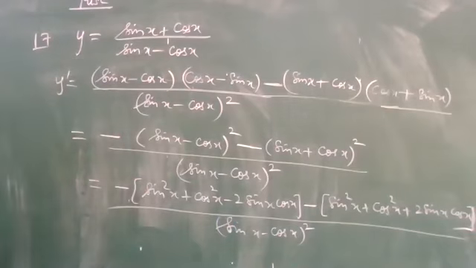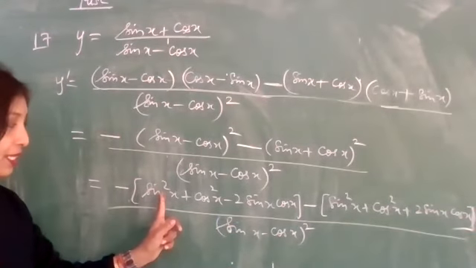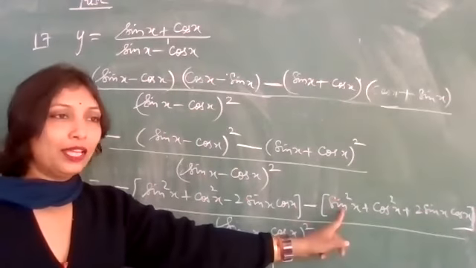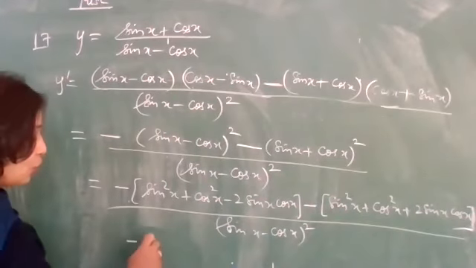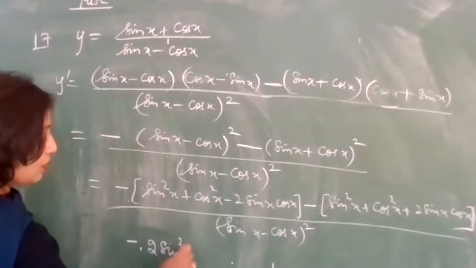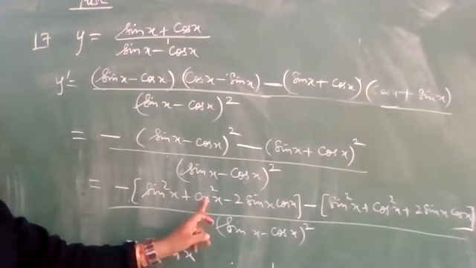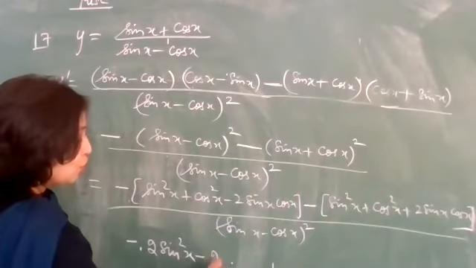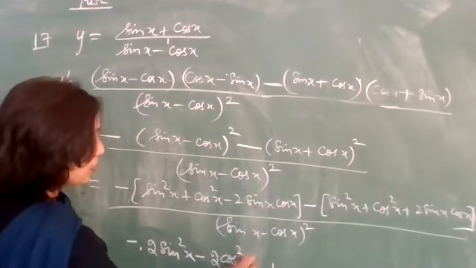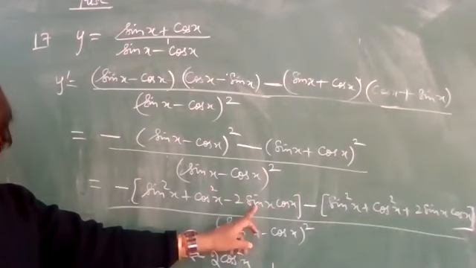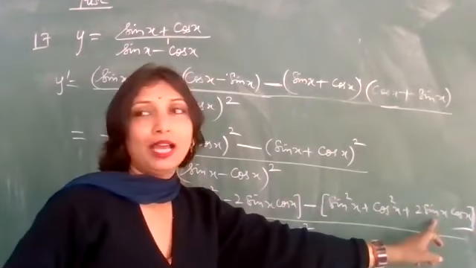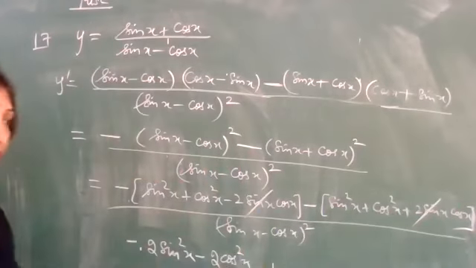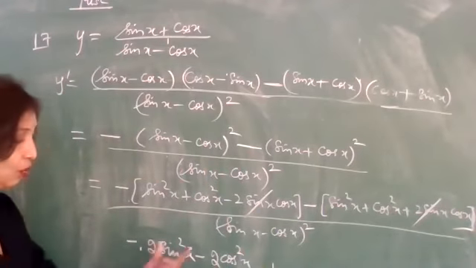Now let's see what terms are cancelling out. It is minus sin square x. If we multiply this minus sign inside, this is also minus sin square x. So minus 2 sin square x. This is minus cos square x and minus cos square x. So minus 2 cos square x. This is plus 2 sin x cos x and this is minus 2 sin x cos x, so this term cancels. This is left. And see what we can do here.